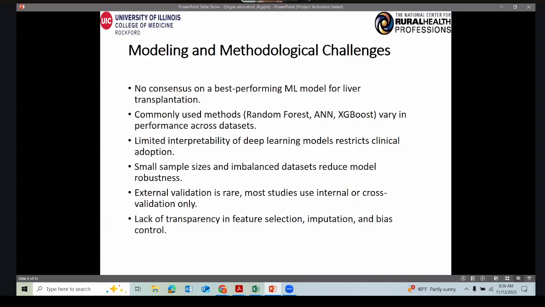So even though machine learning holds great promise for improving liver transplantation decision making, these methodological gaps need to be addressed before such models can be safely and confidently used in real world clinical settings.